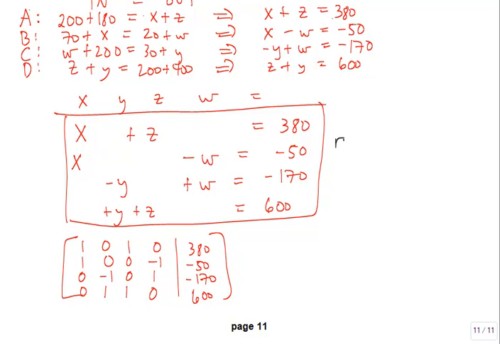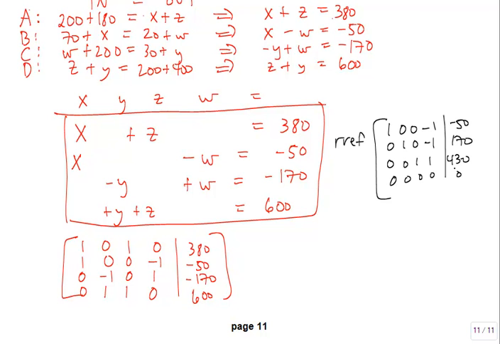Okay, so our reduced row echelon form matrix turned out to be 1, 0, 0, -1, -50, 0, 1, 0, -1, 170, 0, 0, 1, 1, 430, and then that bottom row was all zeros. So that's how we know that it's dependent.